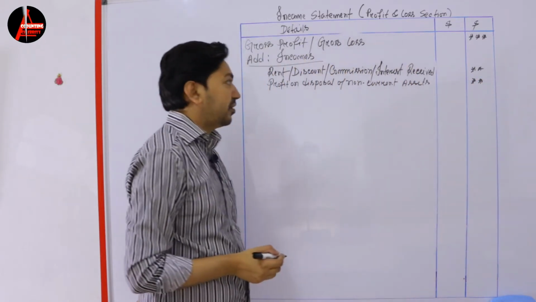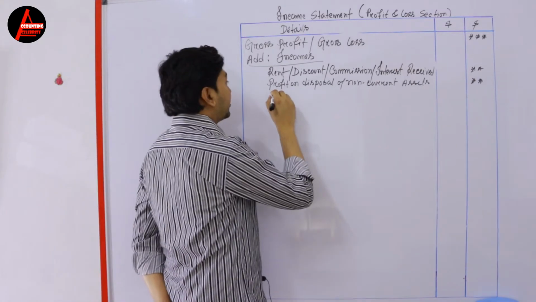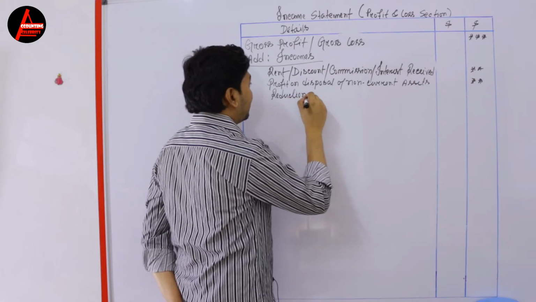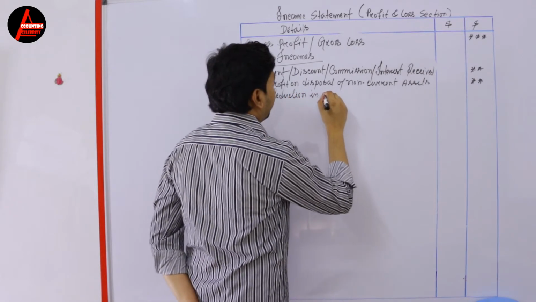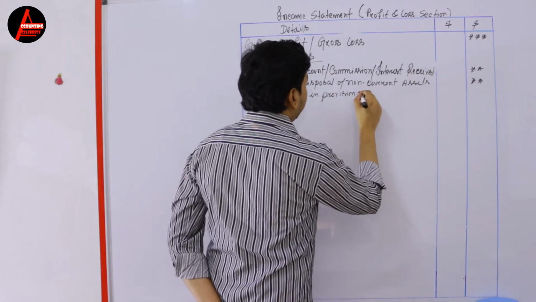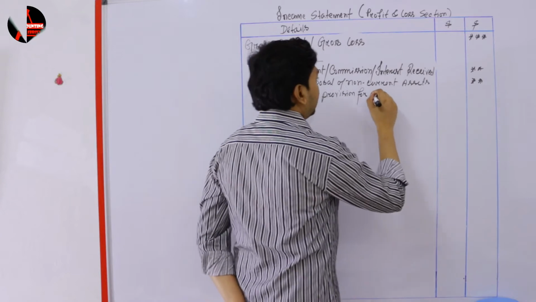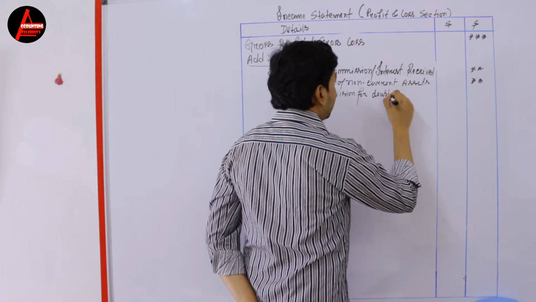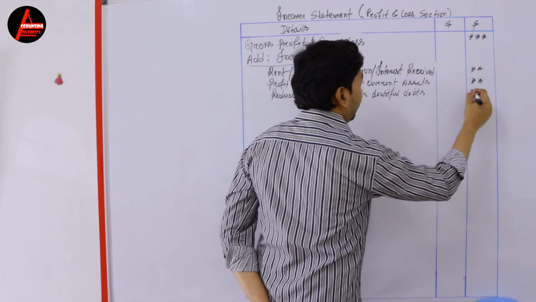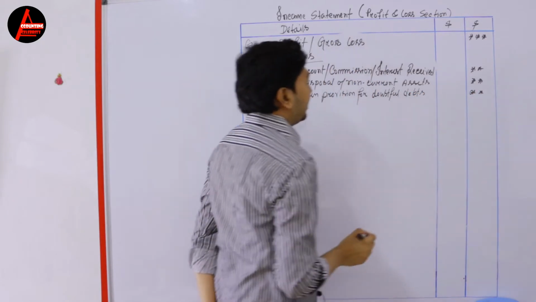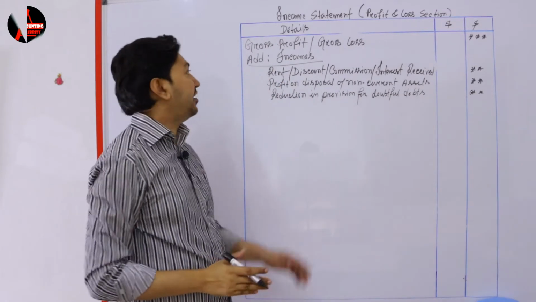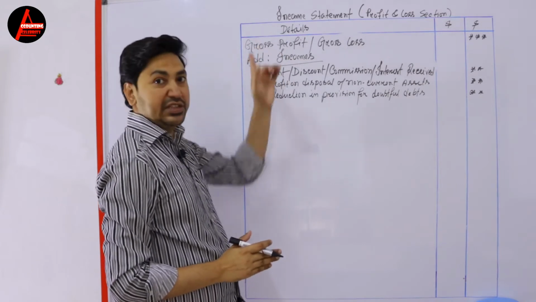Very good. What is next? Reduction in provision for doubtful debts. If you have this item, please write it here. So these are the items you have in the income section of the income statement.